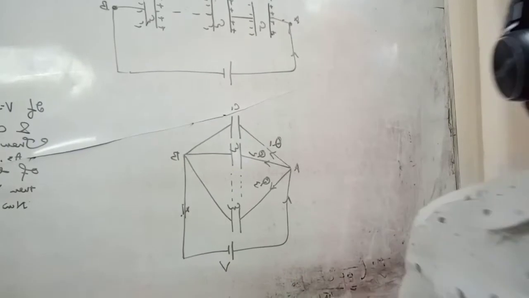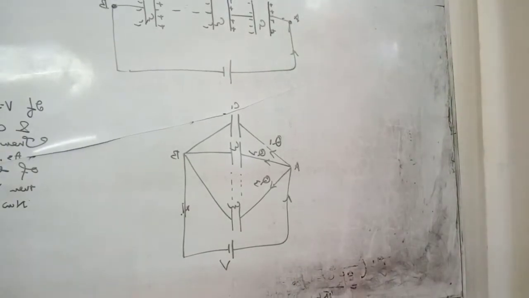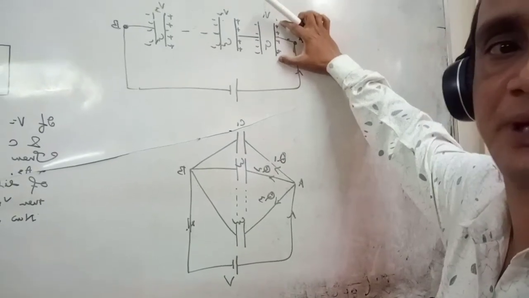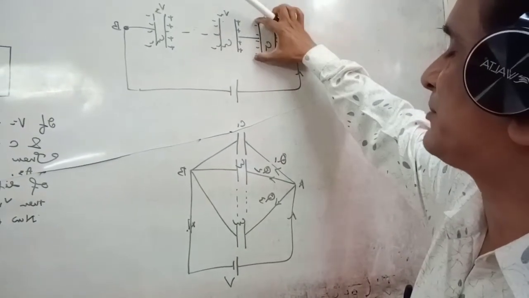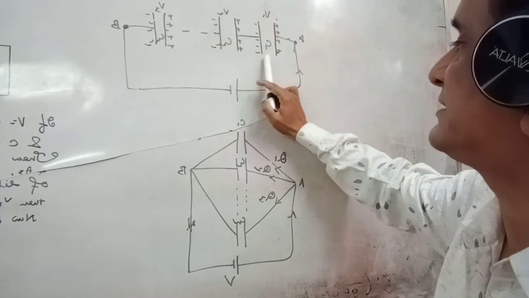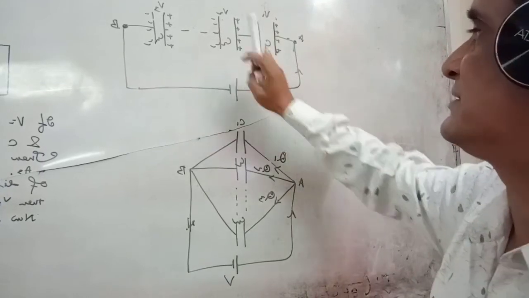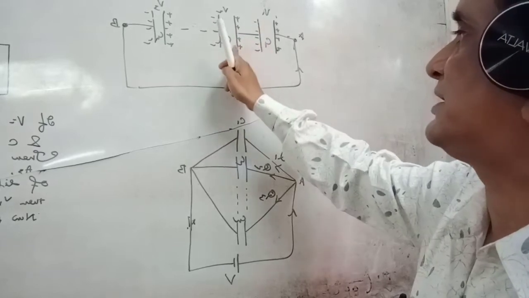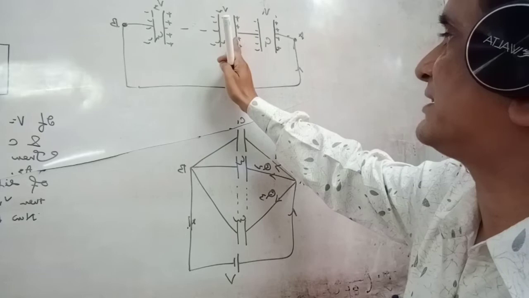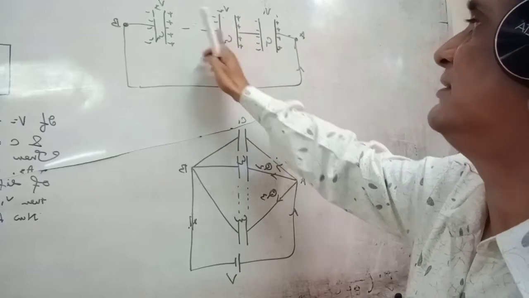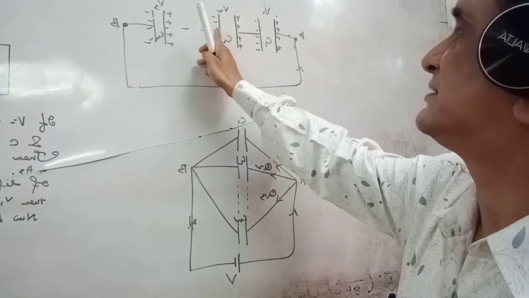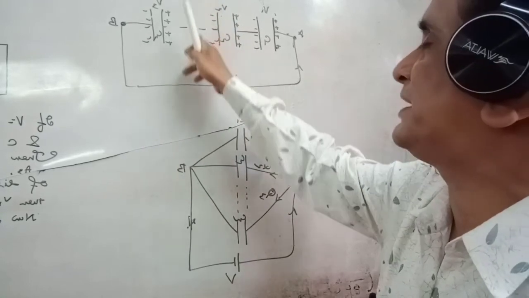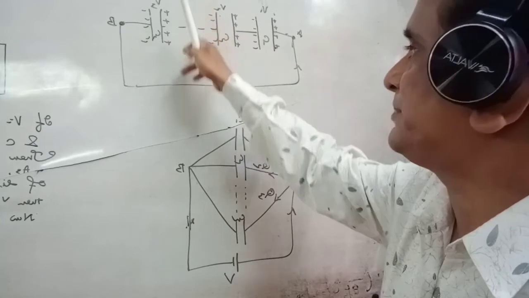In one you see that this is the positive plate of the capacitor, and this is the negative plate of the capacitor, having capacitance C1. One end, the negative plate of the capacitor, is connected to the positive plate of the second capacitor, and similarly the negative plate of the second capacitor is connected to the positive plate of the third capacitor.